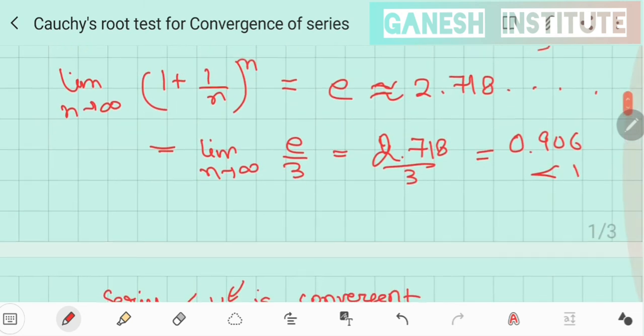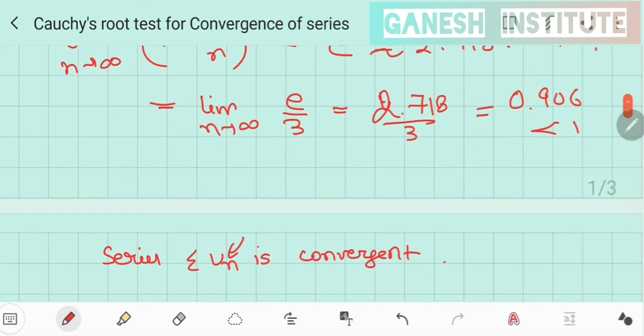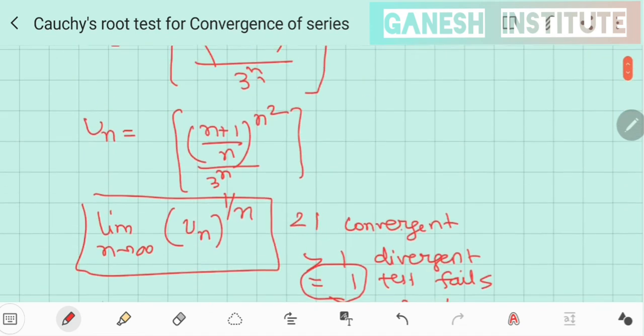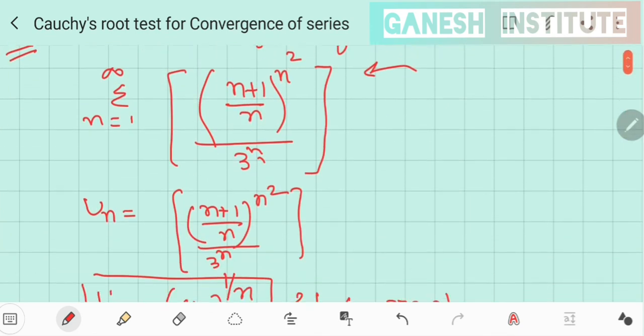Now let's say if this were greater than 1, something like 1 point something, then it would be divergent. And if it had a value of 1, then the test for Cauchy's root will not be satisfied in that situation, and then you have to go with some other test.